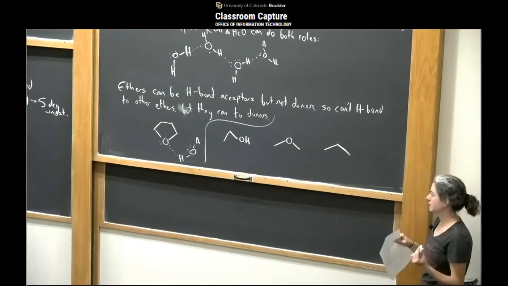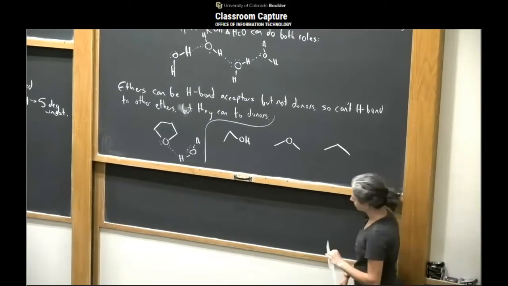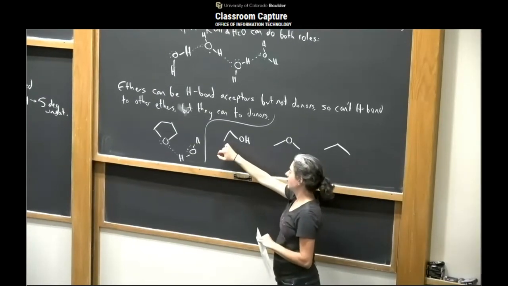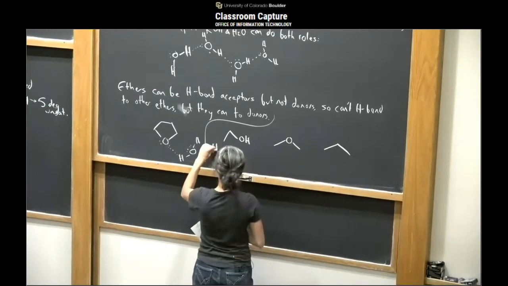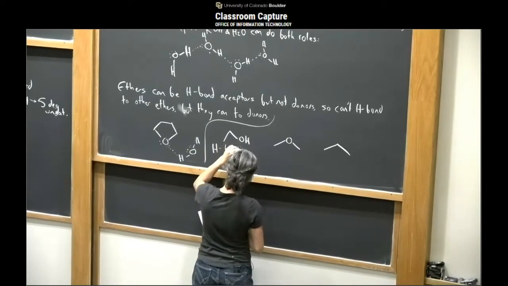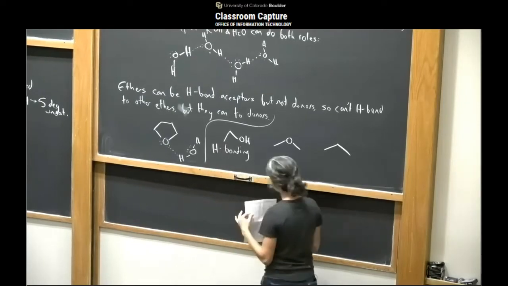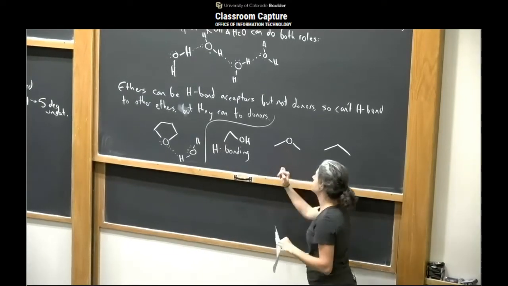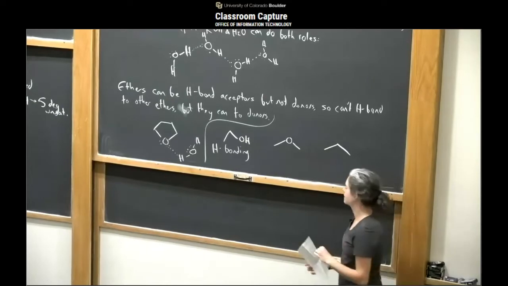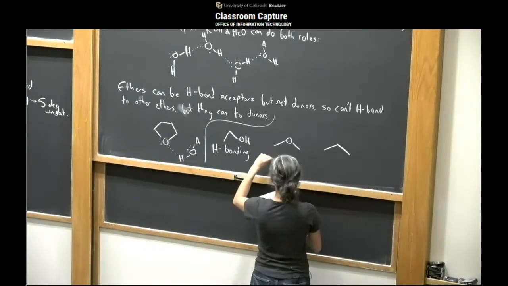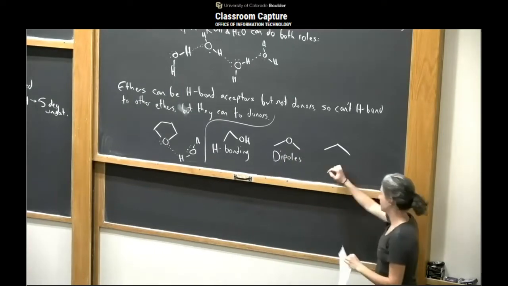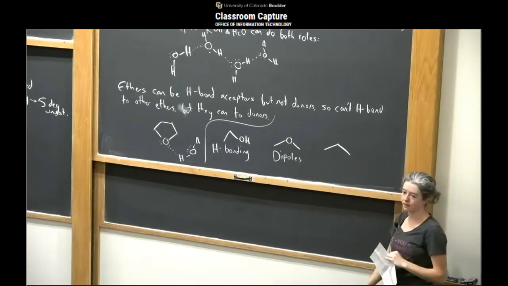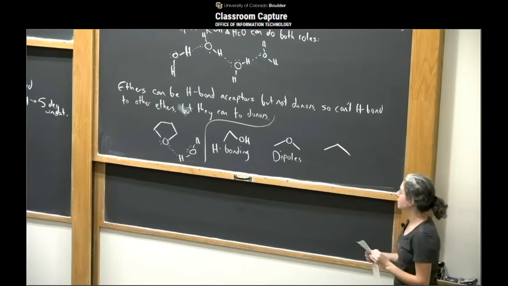All of these are really similar weights, but this one has hydrogen bonding as its strongest intermolecular force. This one only has dipole-dipole interaction as its strongest force. And this one has nothing but just van der Waals, like temporary dipoles.